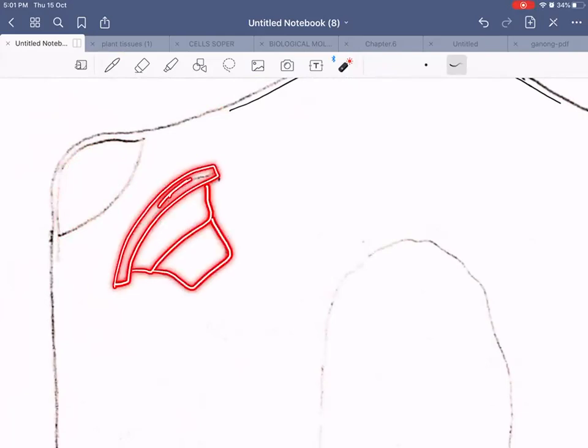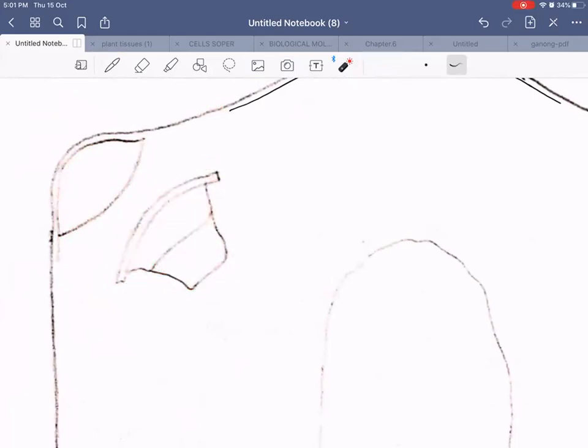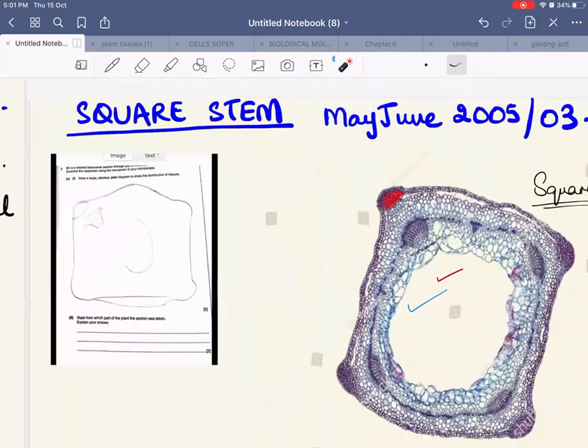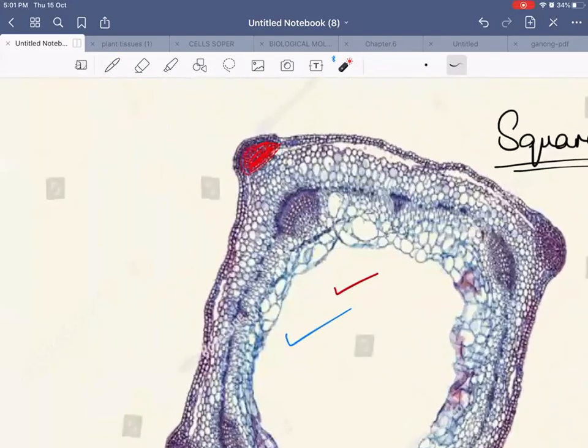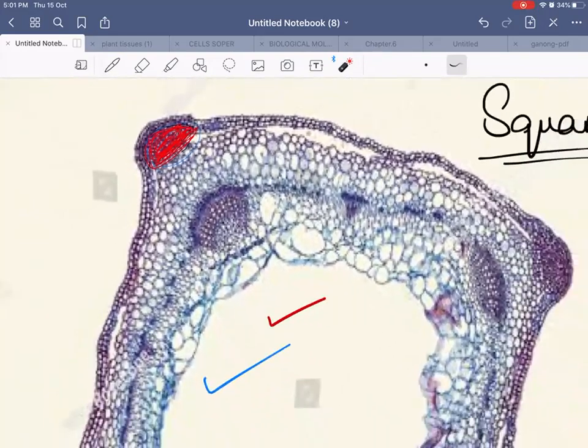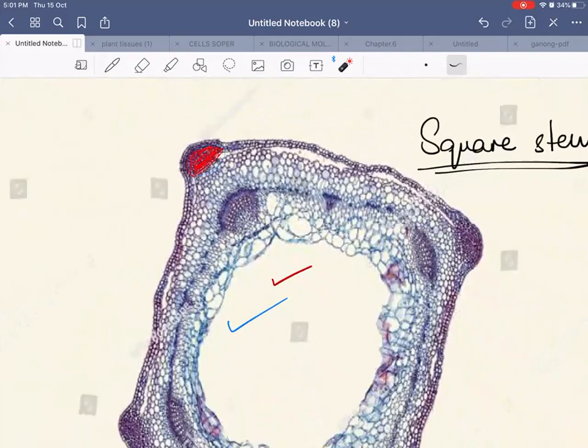This is your phloem. This is your cambium, and this is the xylem, right? Some of the vascular bundles are bigger and some of them are smaller. Those that are bigger will be drawn bigger as per the proportions that you see, and those which are smaller will be drawn smaller.